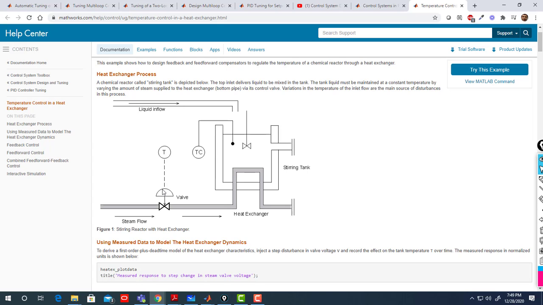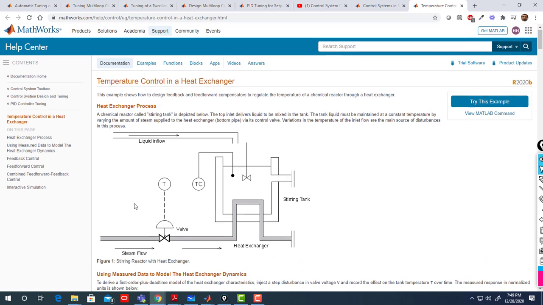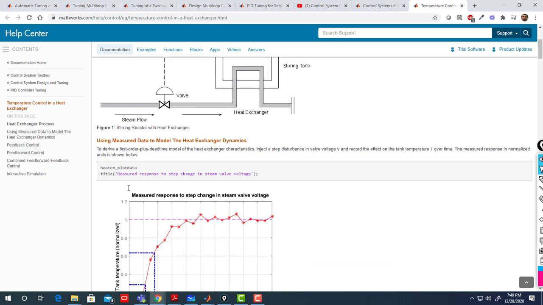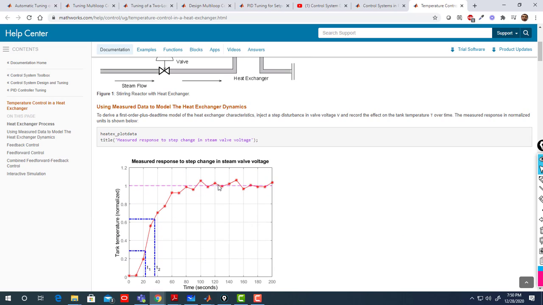So if you follow this tutorial step by step, basically here they did the model by system identification. They did some measurements, measured the response to a step change in steam valve voltage.